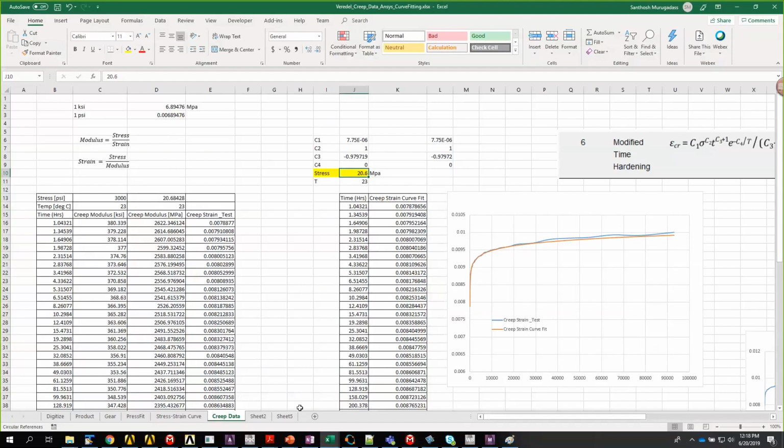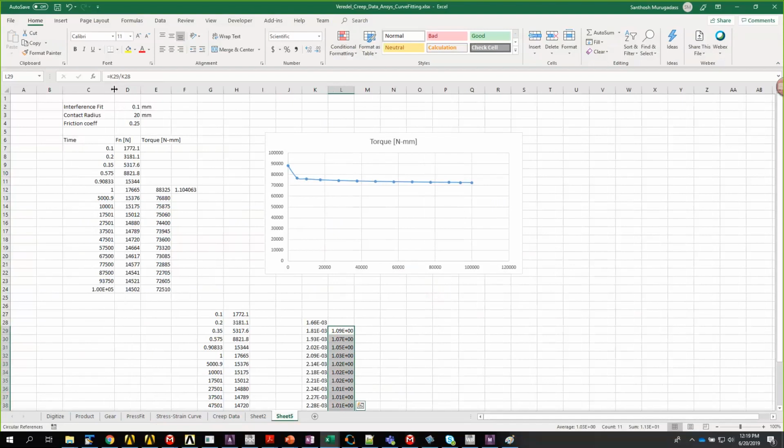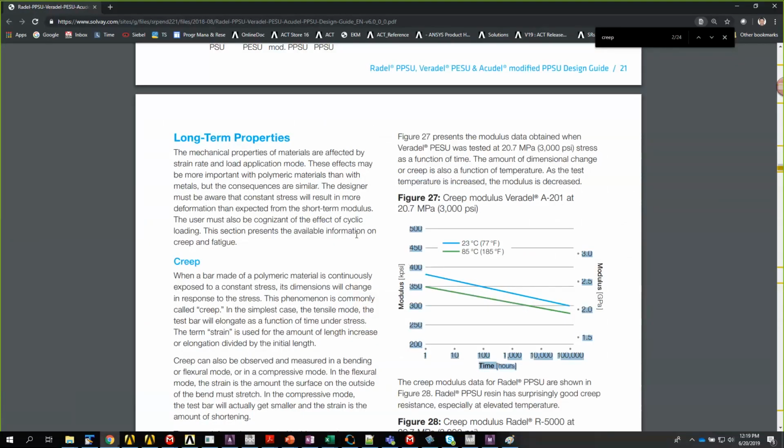Okay, hope this gives you some idea about how to really do a finite element based simulation assessment of the joint capacity, either for a push out load or a torque for a plastic assembly which involves interference fit and the creep relaxation effect. As you see, it's important that we should have sufficient material data to do this kind of assessment.